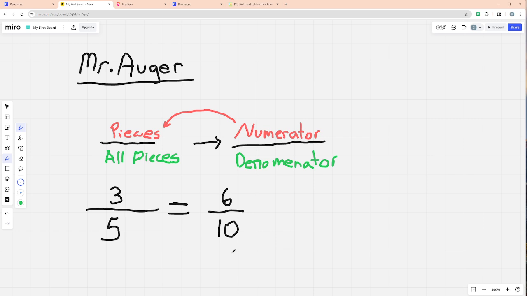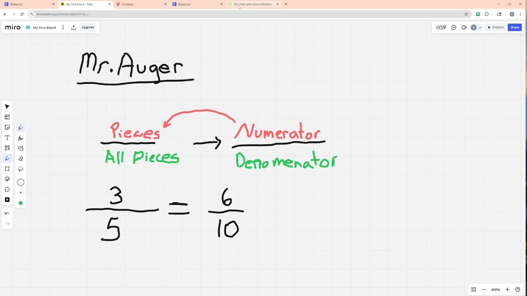And that's not entirely true. What we should think about is this bottom number not only represents all of the pieces, but like Dino might suggest, it represents all the pieces and a certain size as well. It represents pieces in size.